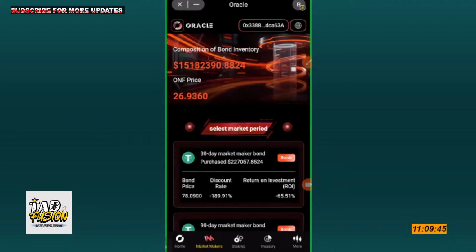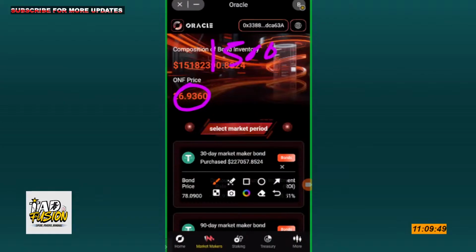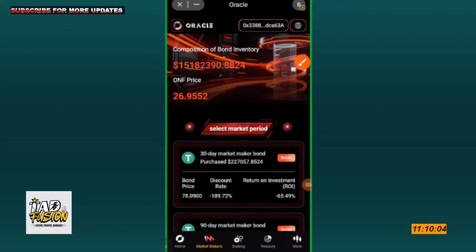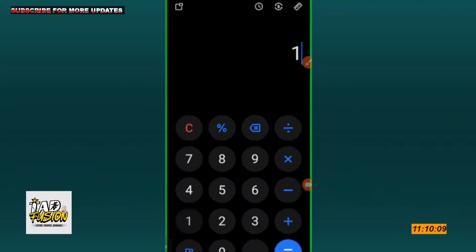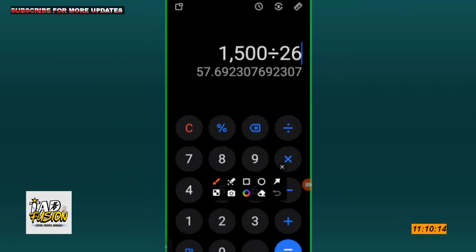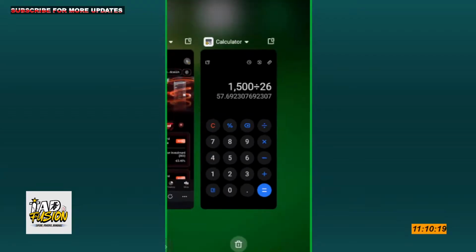Divide $1,500 by 26. You are getting 57 tokens. Bring them to the calculator here.